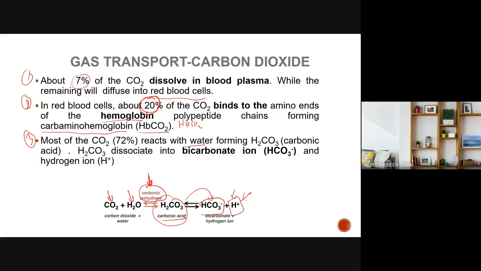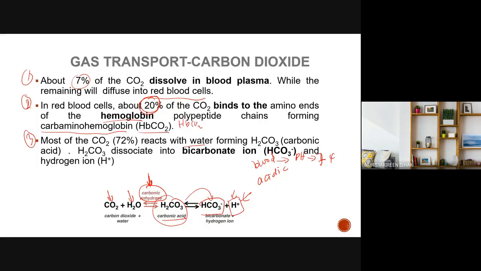So when your body cells respire and you're producing so much carbon dioxide, this will cause your blood to be acidic. Okay, to be acidic, your blood. Dalam kita belajar homeostasis hari tu, blood pH has to be maintained at 7.4.